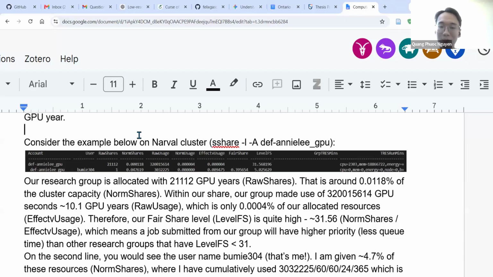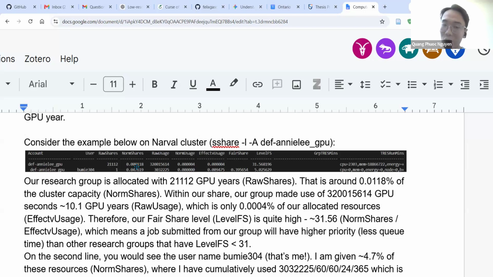So for example, if the Narval cluster has around 10 years of GPU computing in the current 6 months, and it has around 10 different research groups using the same cluster, then each group will have 1 year of GPU compute, and the normalized share will show you the percentage of computing resource we are allocated.